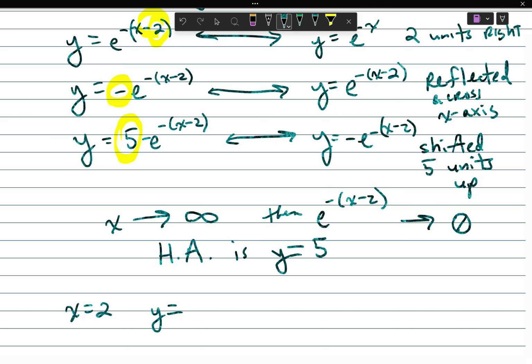When x is equal to 2, y is equal to 5 minus e to the 0 power, because x is 2. Looking at 5 minus e raised to the negative quantity of x minus 2, when x is 2, you have 2 minus 2, which is 0, e to the 0 power.